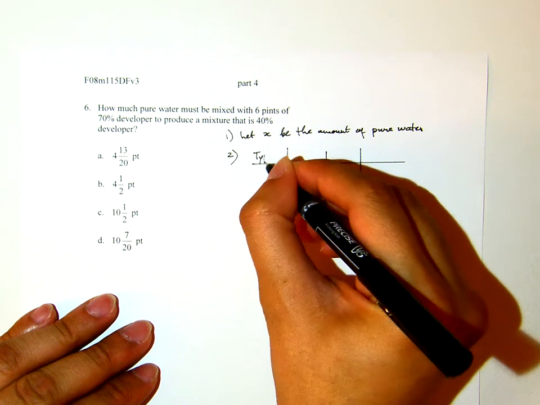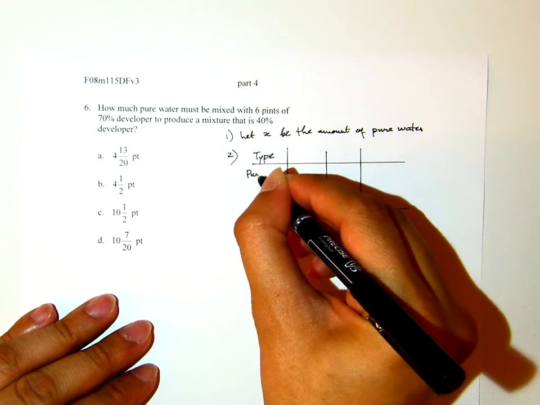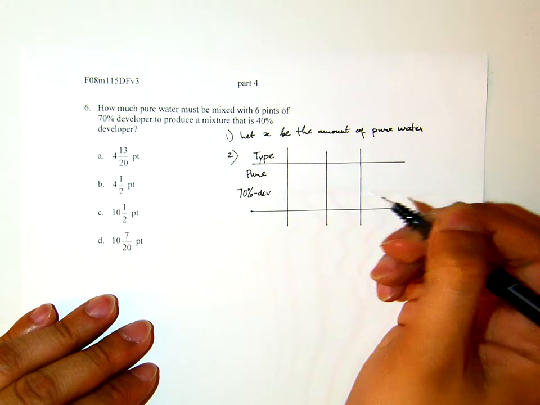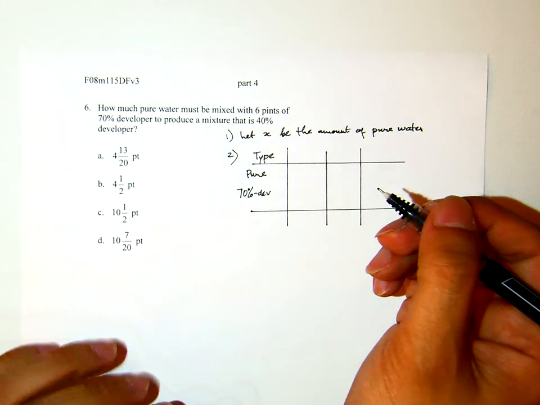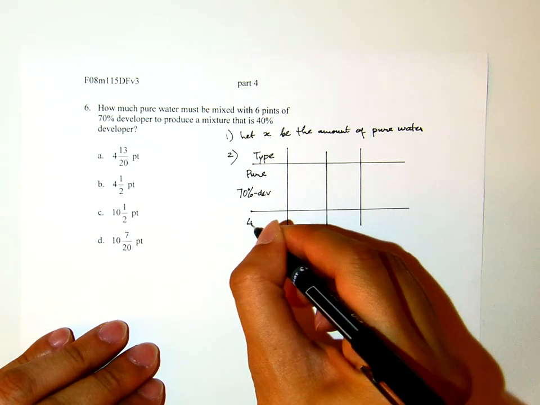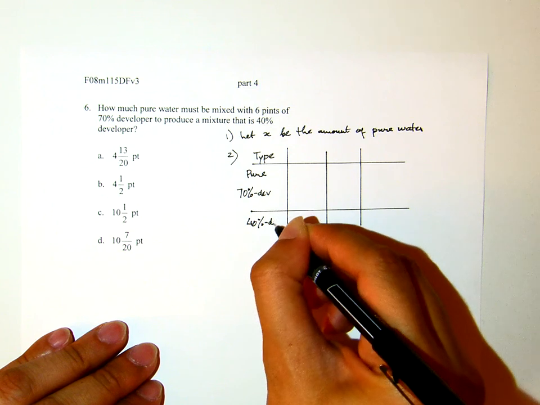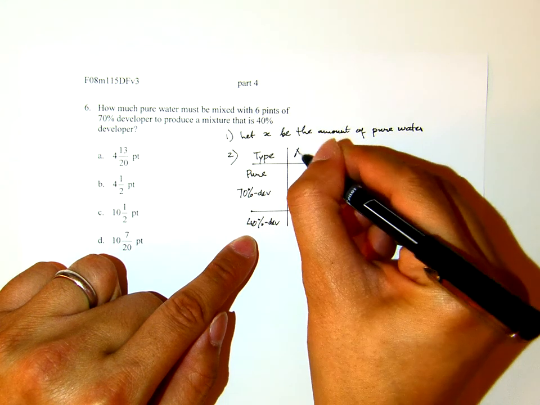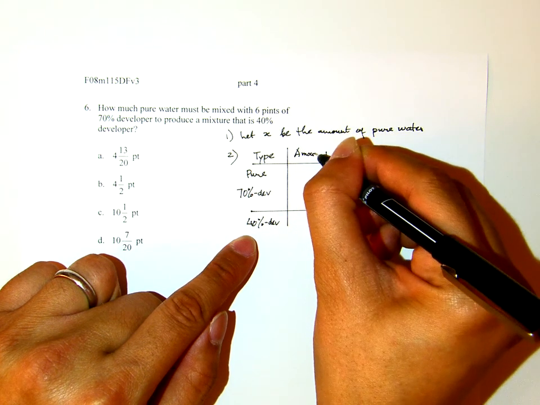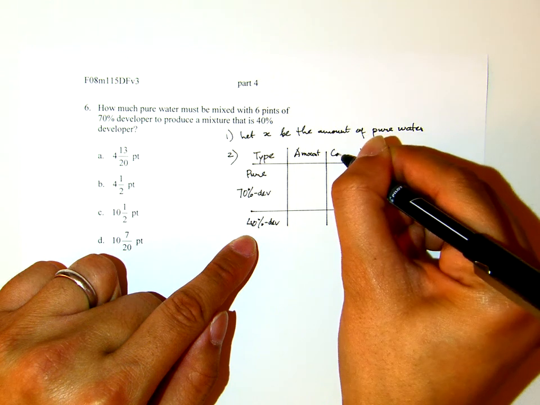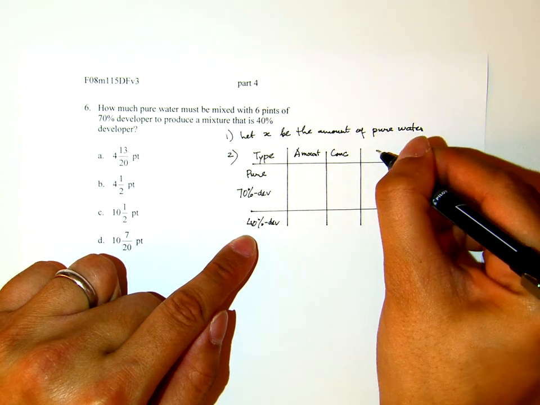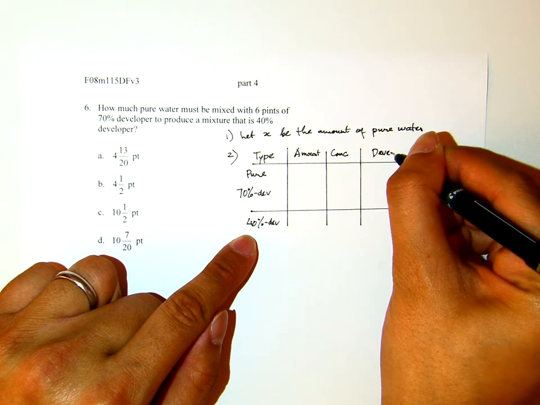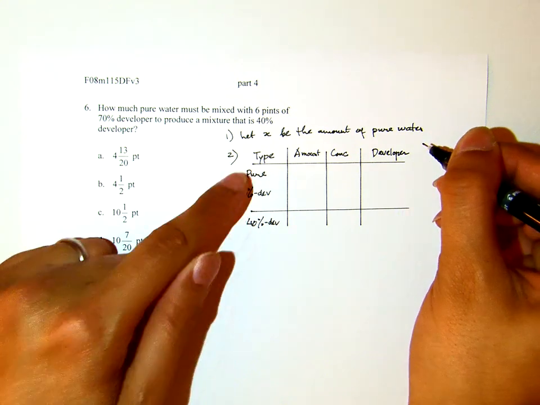We have two types, the pure water and 70% developer. In the end, the one that you want to produce is the 40% developer, the resulting one here. This is the amount of pure water and 70% developer, this is the concentration, and this is the amount of developer in those things.